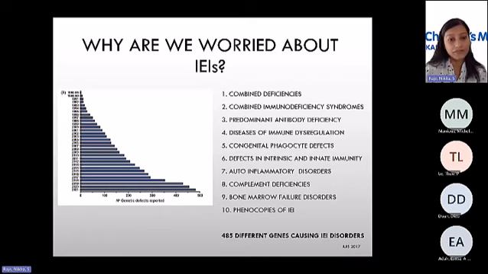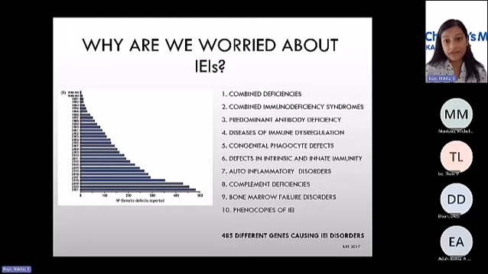So these are disorders where there are either periodic fevers or inflammation that looks like infection, but there is none, and there are signs of inflammation that continue to be there, whether it's inflammation in the bowel or in the joints and things like that. So lots of different disorders, complement deficiencies, bone marrow failure disorders, and then phenocopies of IEIs.